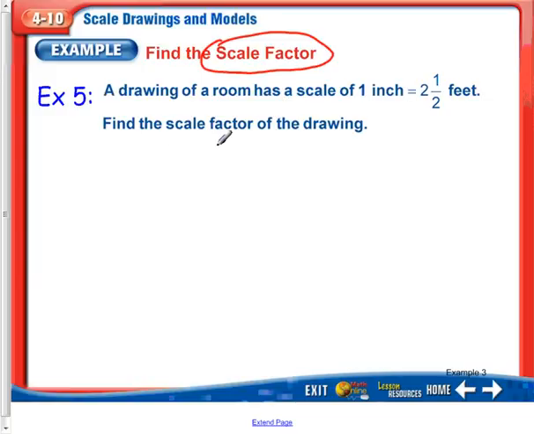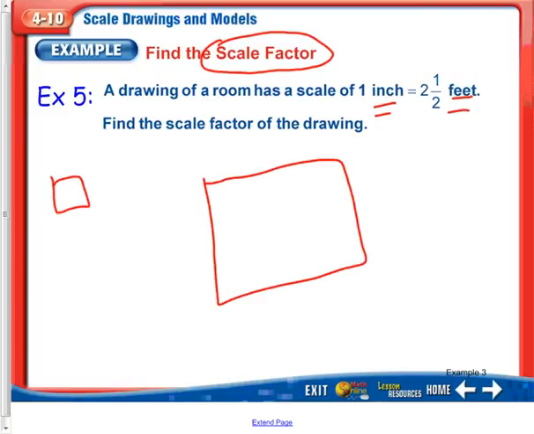Find the scale factor. Well, the biggest problem here is that we have different units, which is common when dealing with scales. But if I have a map right here, and I have a map right here, I want to know what was the factor used to multiply to get from here all the way to here. I want to know what is being multiplied, and you can't do that with different units.